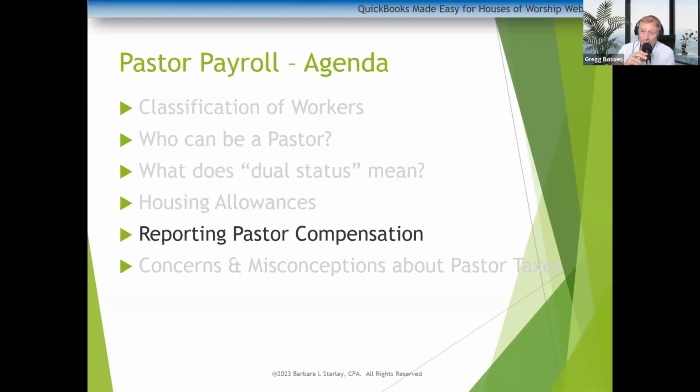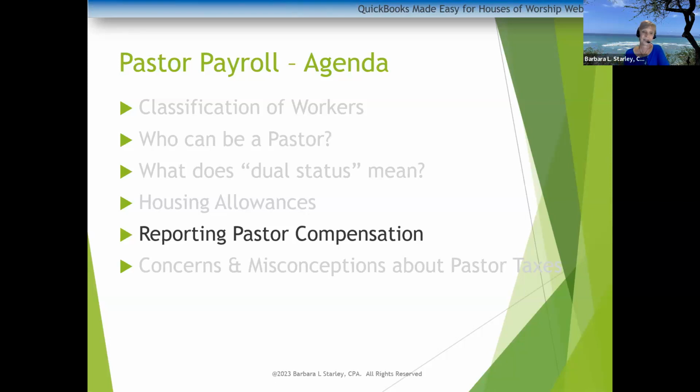Yep. And on that value, the church would need to withhold Social Security and Medicare, because they're not a pastor, remember, so they're now covered under FICA, and the church would also need to match that.